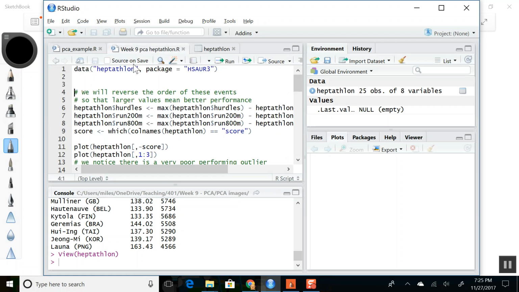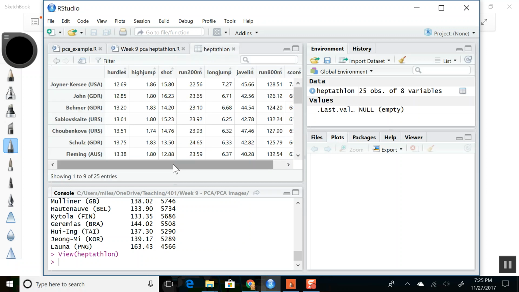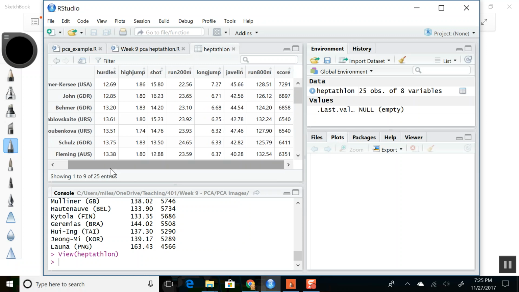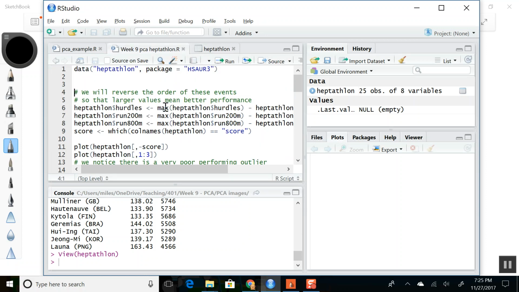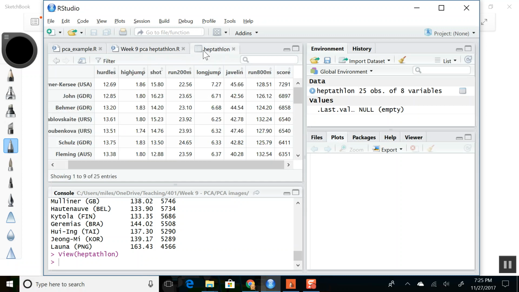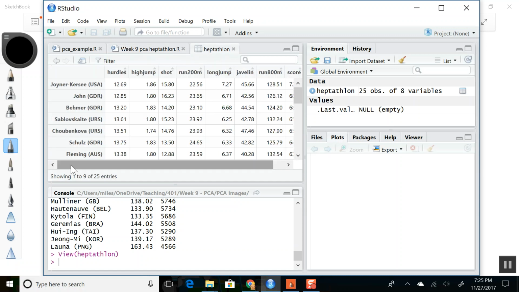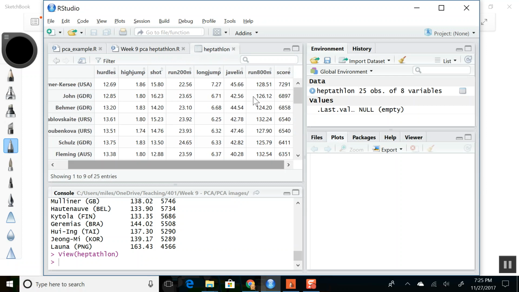So what we're going to do for a few of these things is put everything so that higher scores are better. Okay, so for the time-based ones, which is the 2 running events and the hurdles, which is also a running event, we're going to just reverse those.